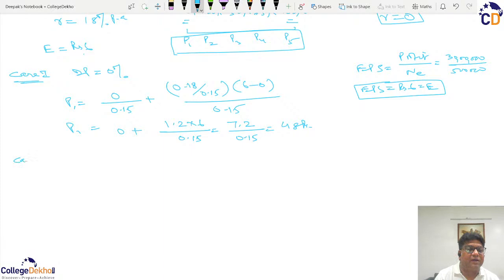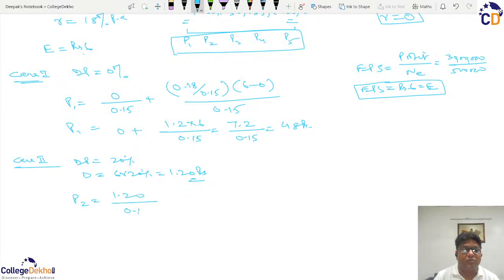Now if we take case 2, that is the DP ratio is 20%. So the D will be 6 into 20%, that is 1.20 rupees. It means P2 will be 1.20 upon 0.15 plus 0.18 divided by 0.15 multiplied by 6 minus 1.2 divided by 0.15.